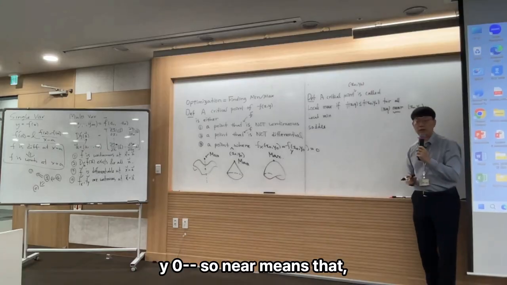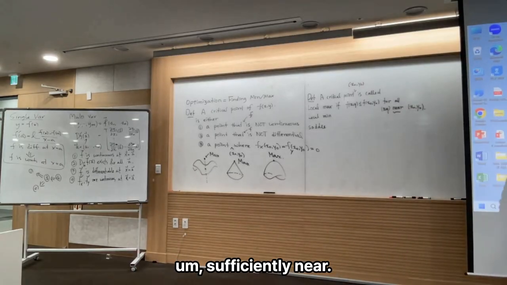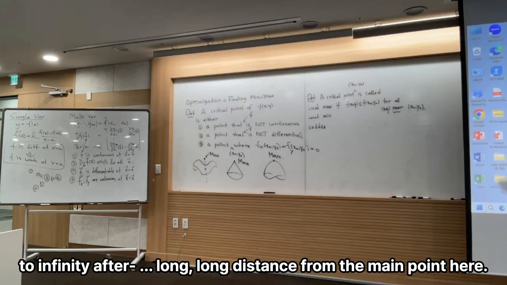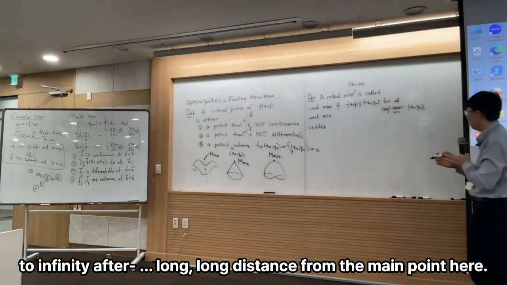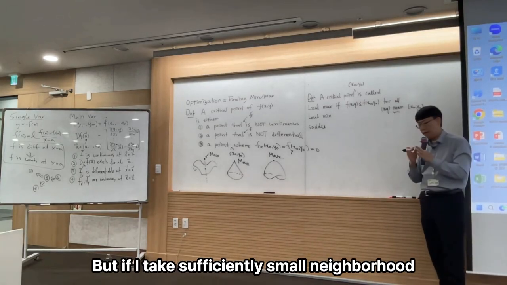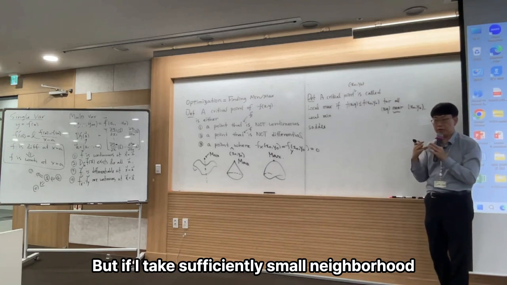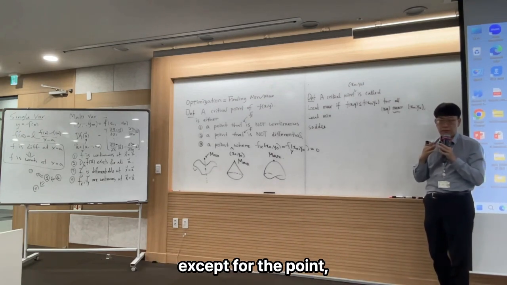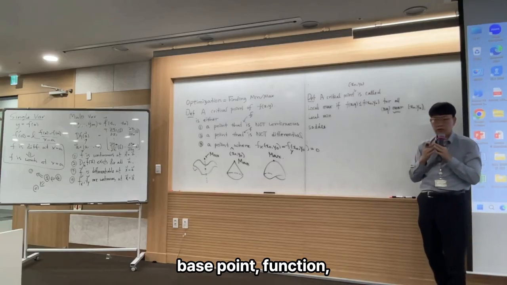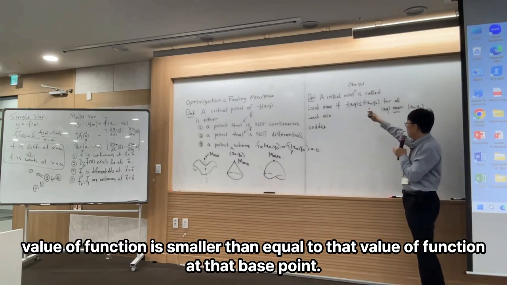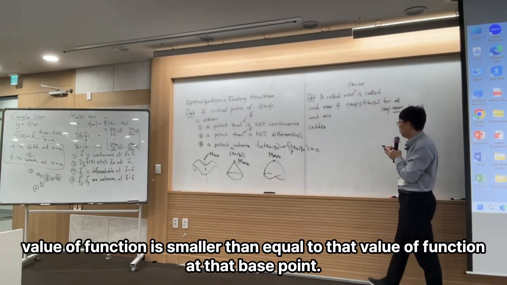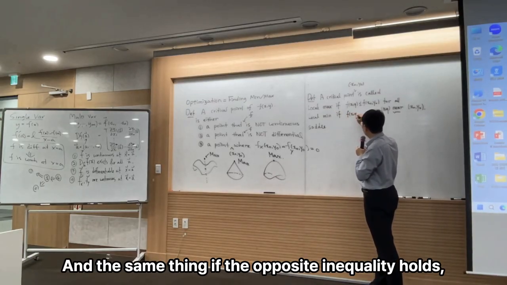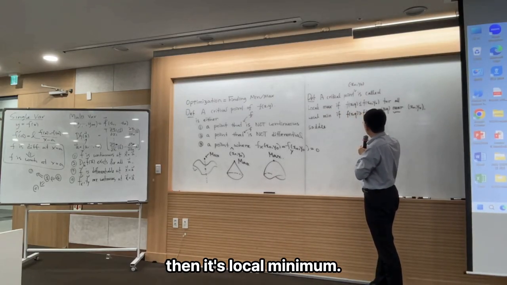Near means sufficiently near. It could be diverging to infinity after a long distance from the base point. But if I take a sufficiently small neighborhood around that point, then for every point in that neighborhood, the value of the function is less than or equal to the value at the base point. That's the local maximum. And if the opposite inequality holds, then it's a local minimum.